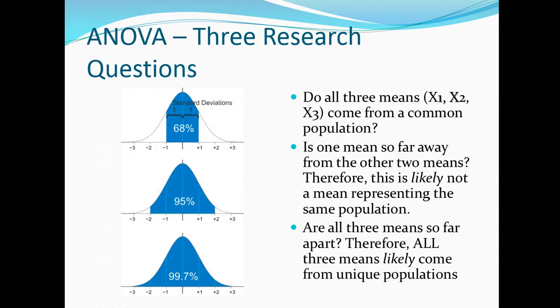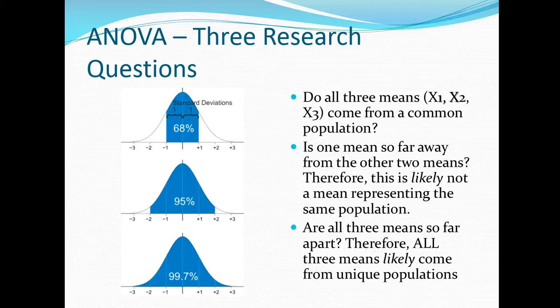So here's a good demonstration in terms of the three research questions that ANOVA will answer. The first research question is, do all three means, which is represented by x1, x2, and x3, come from a common population? So yes or no, it will be answered by ANOVA.